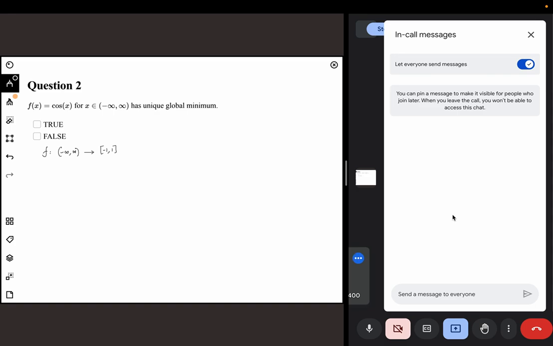You can type in the chat box or you can unmute yourself and give the answer.